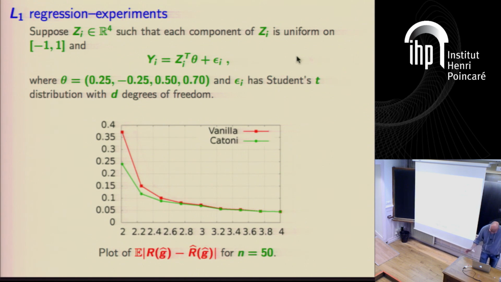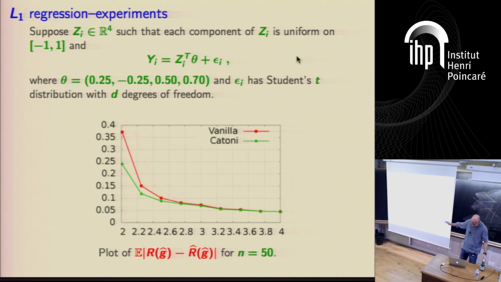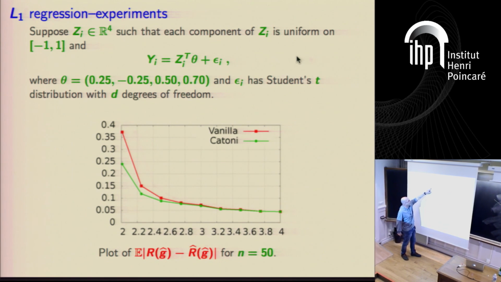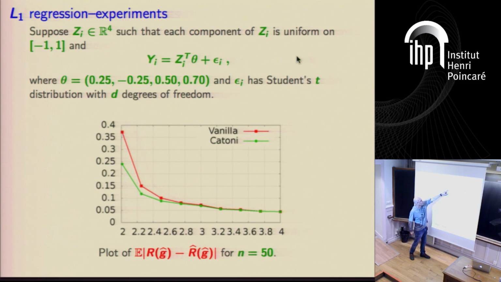And it actually works in this little toy example. We generated the Y's as a linear function of the Z's plus heavy-tailed noise. This epsilon i has the Student t distribution with d degrees of freedom. As the parameter goes to 2, the tail really blows up. When it equals 2, even the variance is infinite, but we still get something.